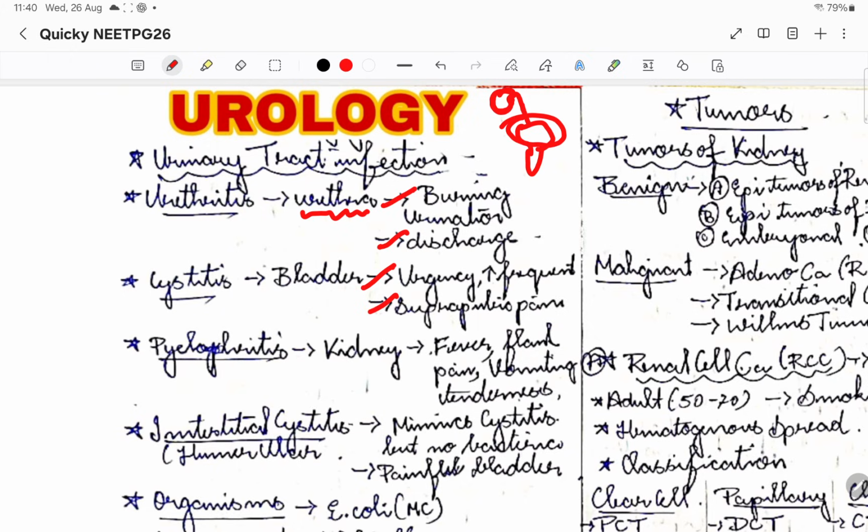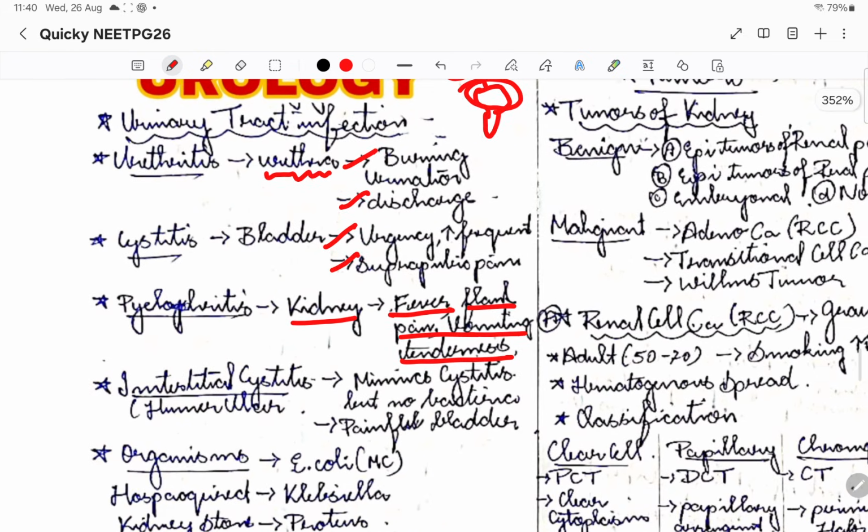Then coming to pyelonephritis, basically the kidney is involved. So here there will be fever, flank pain, vomiting, and tenderness in that particular quadrant. Okay, so this is how all the urinary tract infections will present.